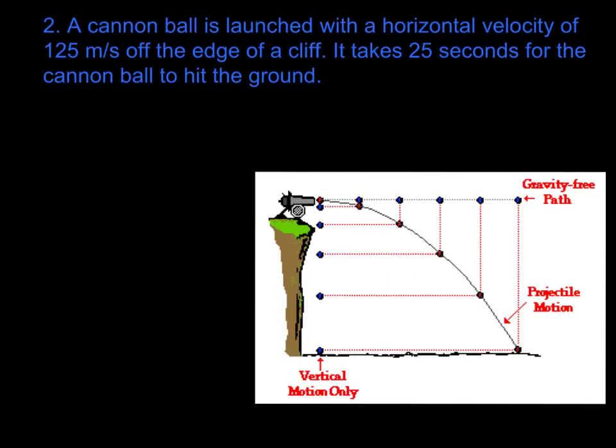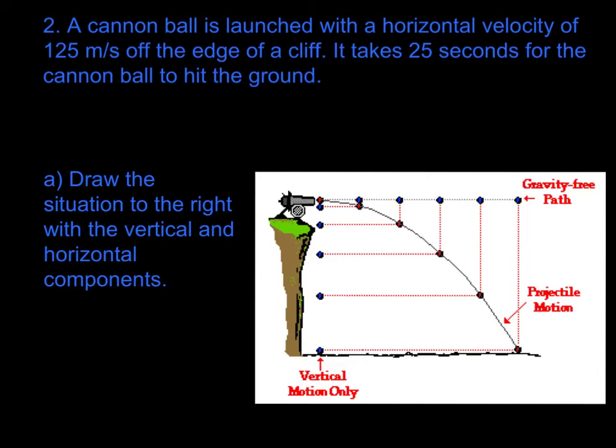Example number 2. A cannonball is launched with a horizontal velocity of 125 meters per second off the edge of a cliff. It takes 25 seconds for the cannonball to hit the ground. The first part of this example says draw the situation to the right with the vertical and horizontal components. That means we need to put in the arrows that represent the vertical and horizontal velocities.